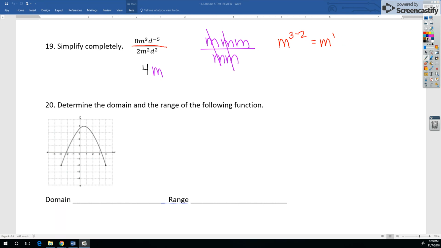Okay, now the letter D. So when I have negative exponents in the numerator, I'm going to bring them down to the denominator and make it positive. So in the denominator, I have d to the second power, and then I have d to the fifth power. And so together, that makes d to the seventh power. I can't simplify that anymore because m and d are different variables.